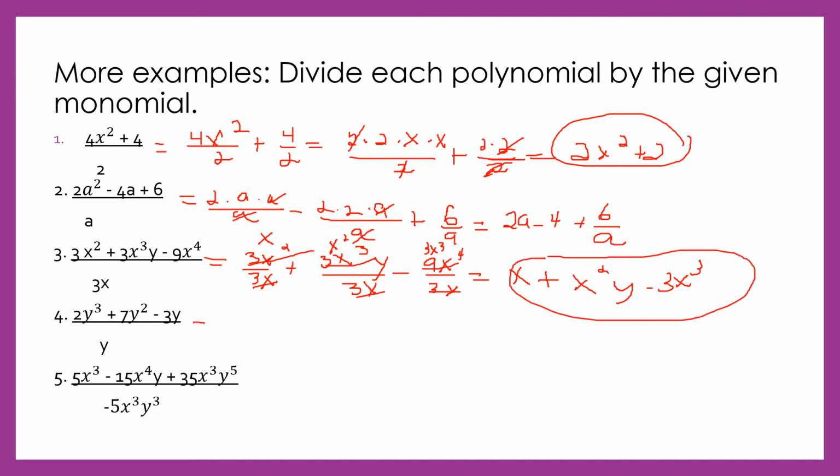Next, number 2. 2y cubed over y plus 7y squared over y minus 3y over y.